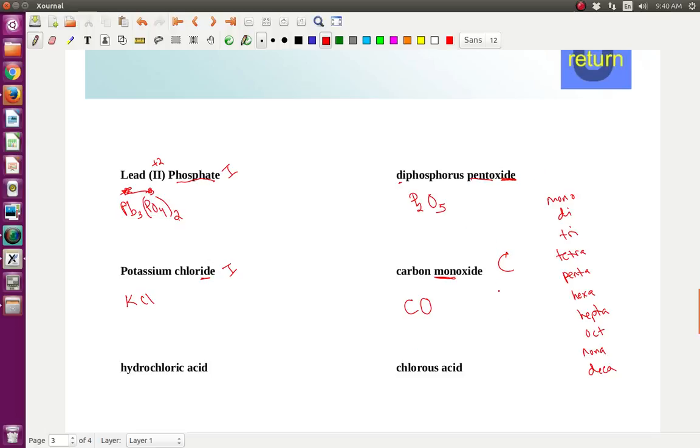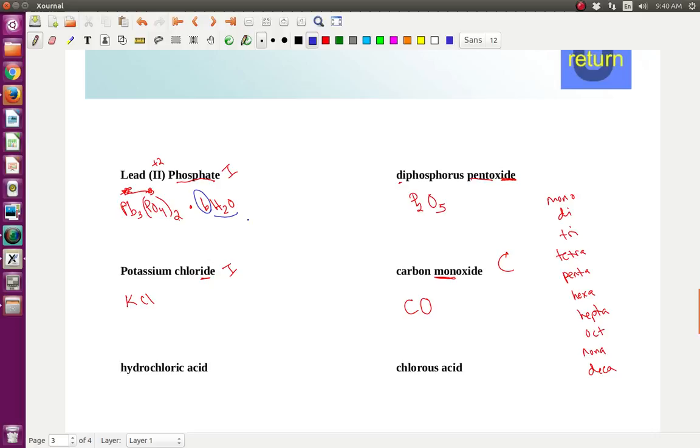One of the things I don't have down here is if it has a hydrate. So if I had this same lead 2 phosphate and then it said, let's see, 6 H2Os, then this is a hydrate because it has H2O in it. And so the name would then be lead 2 phosphate, and we have to say how many of them.